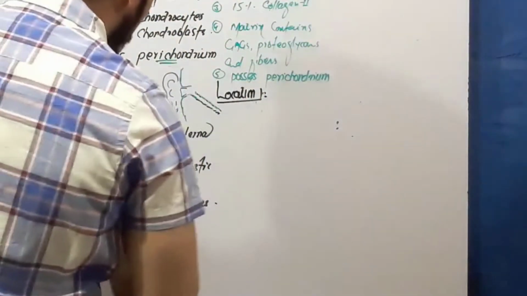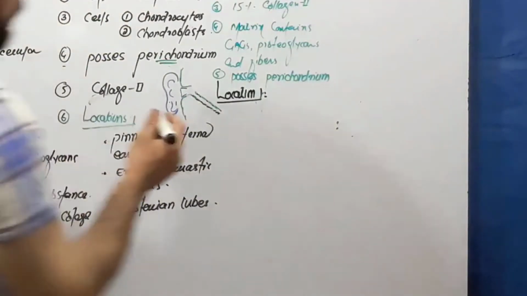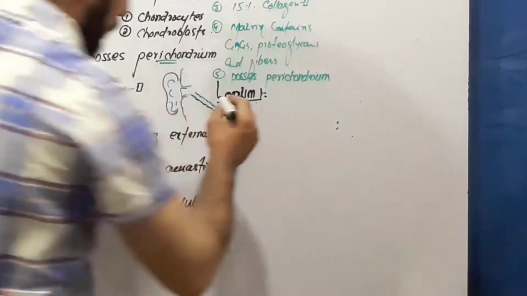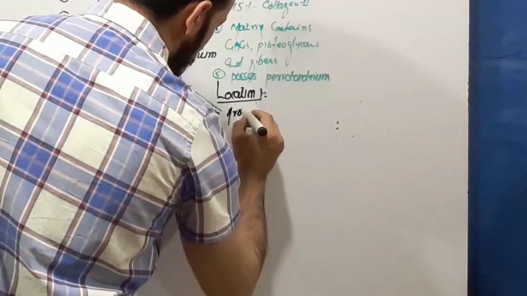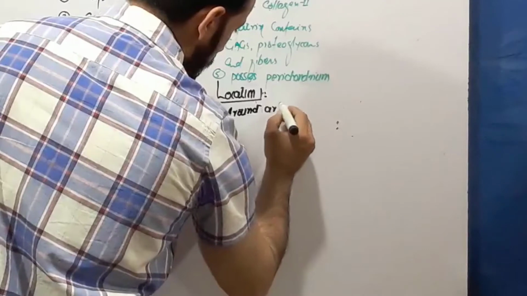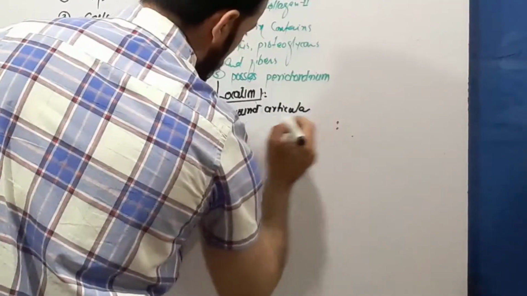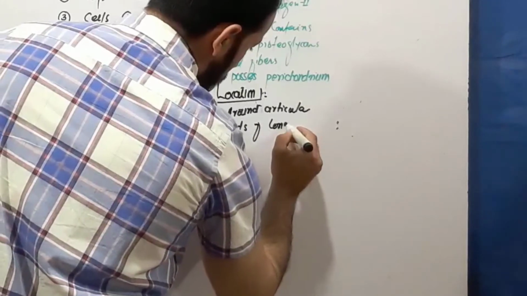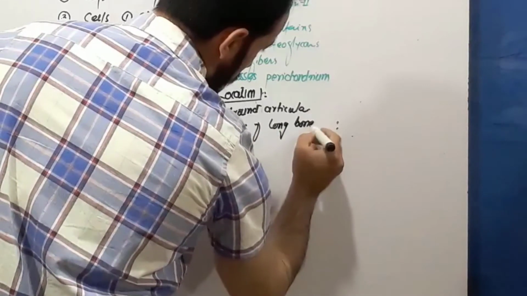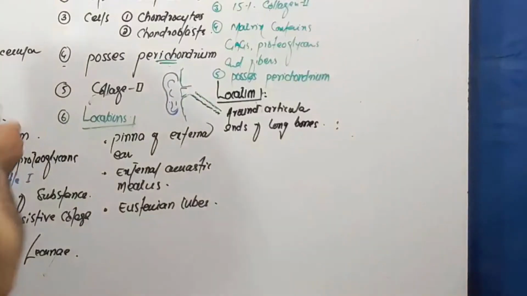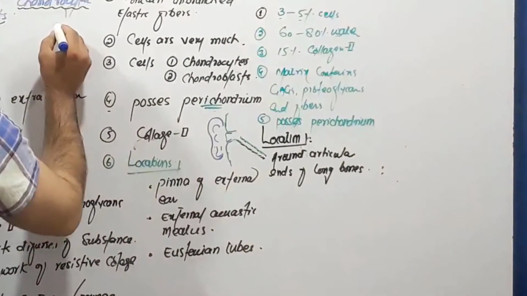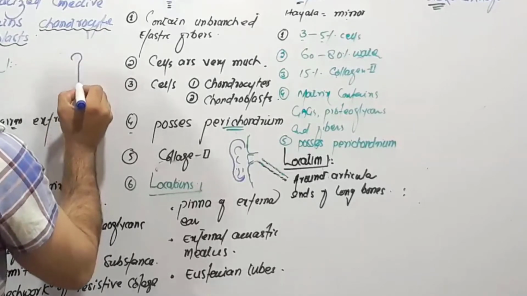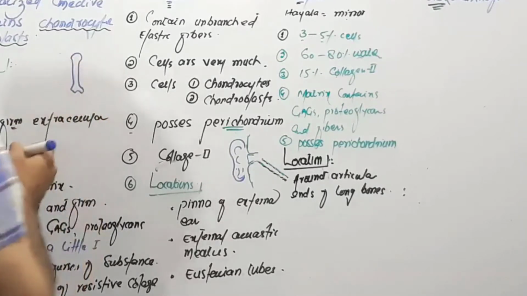The locations of hyaline cartilage are mostly found around the articular ends of long bones. Let's come here and make a diagram. This is a long bone, or let me make a joint with it also, right?